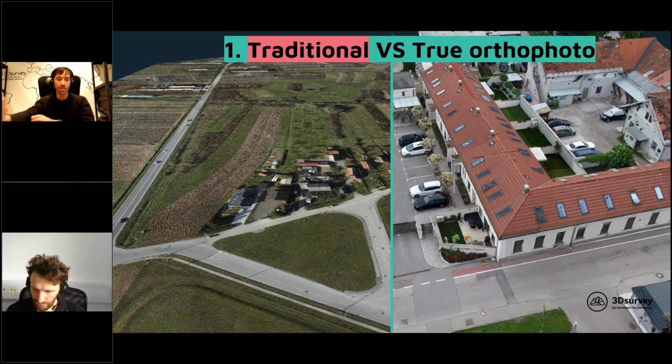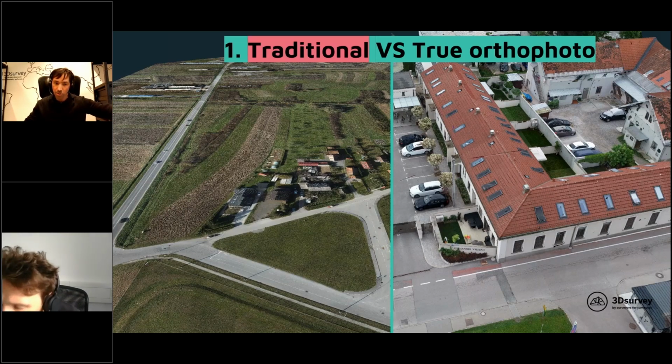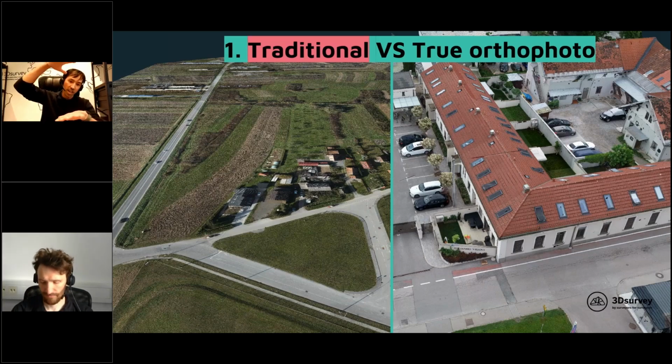The big difference is that traditional orthophoto is calculated based on digital terrain models. So we do the classification, we eliminate all the houses, buildings, poles, everything out. So we just have a terrain point cloud. We calculate the digital terrain model, and then we do the projection of the drone images or any airborne images on the terrain model.